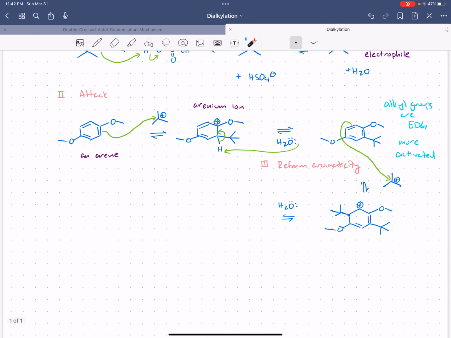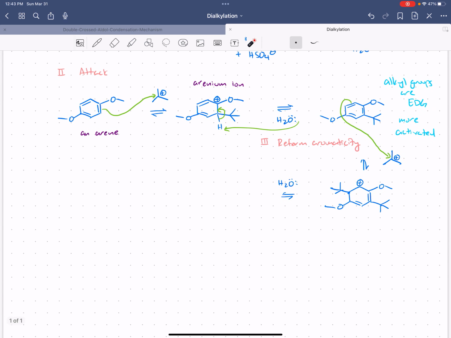So it's always the hydrogen that's on the same carbon as the group that was added, right? This hydrogen right here. So it makes sense, right? See how there's no hydrogen here? Same thing in this case. Let's draw the hydrogen we're going to remove. That one. And let's remove it. And what are we doing again? We are reforming aromaticity.